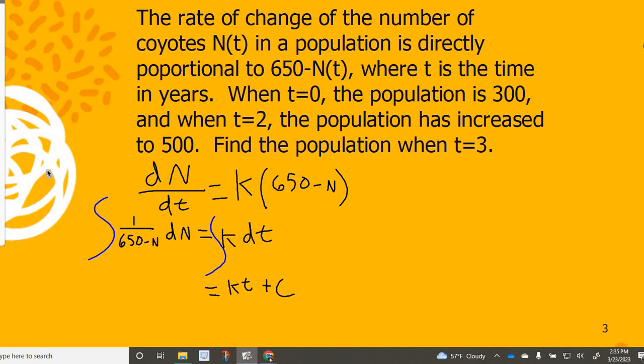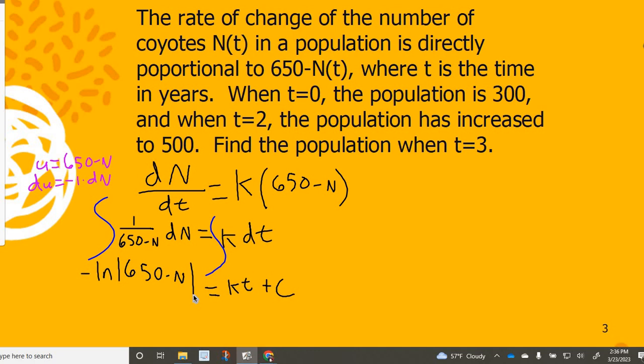Yeah, so it's technically going to be a u sub, but we're just going to end up with a -1 times dn. So we just end up with a negative natural log of the absolute value of 650 minus n. Back of the room, are we okay up until there?